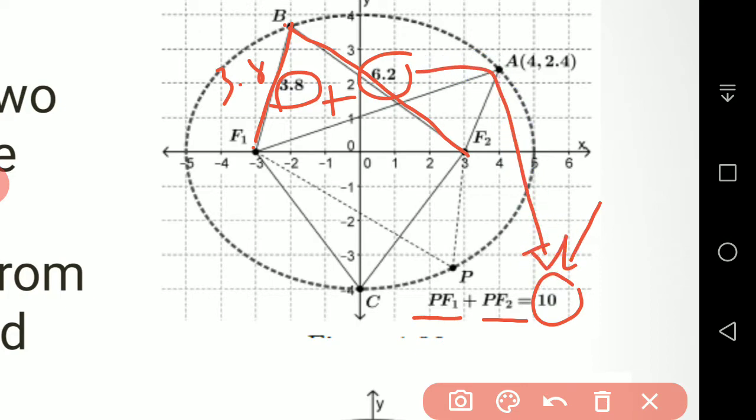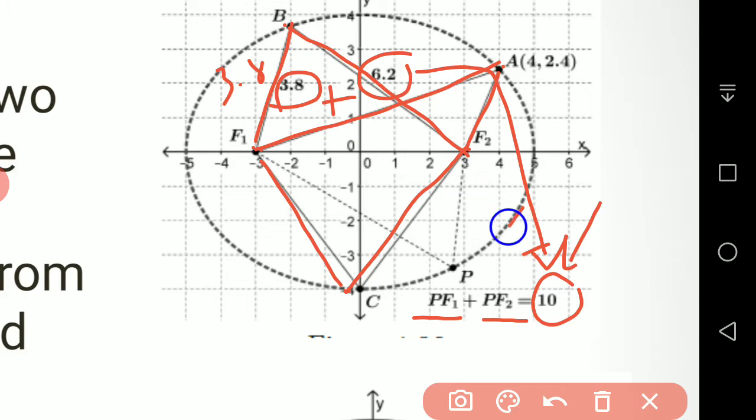So rest assured that from point F1 to A on the ellipse, and from A to the other focus, that's again equal to 10. Any point, F1 to C and C to F2, that's again equal to 10.